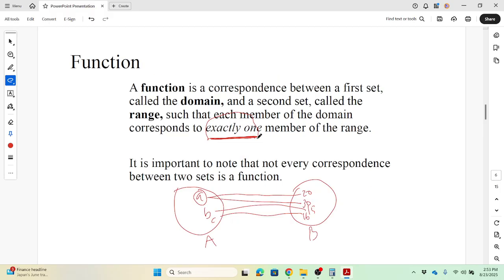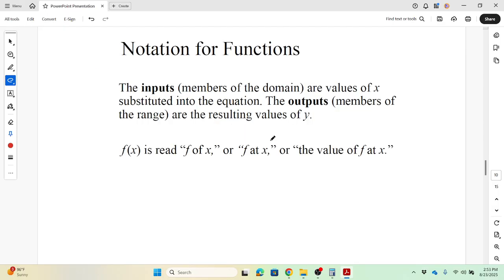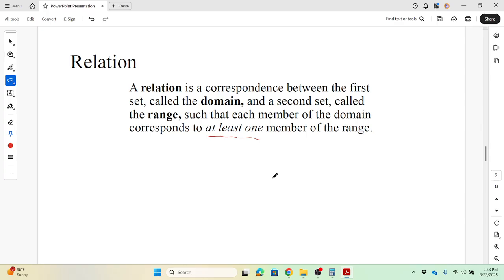For it to be a function, it's supposed to be exactly one. But to be a relation there is no such requirement. It's just at least one. So if you see a correspondence between two sets and for every single input there is at least one output, then that's a relation.